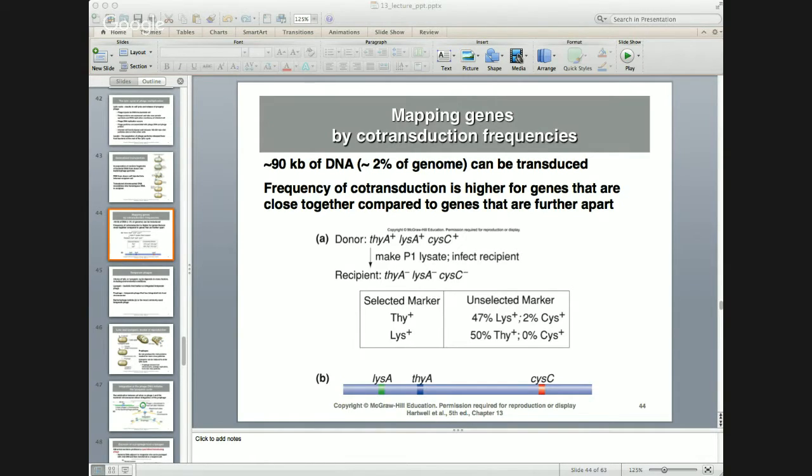At a certain time after lysogeny occurs, after the phage chromosome integrates into the bacterial genome forming a prophage, depending again on the environment, that prophage could excise out of the genome. It could just pop back out of the genome, undergo replication, and produce new phage particles and destroy the bacteria.